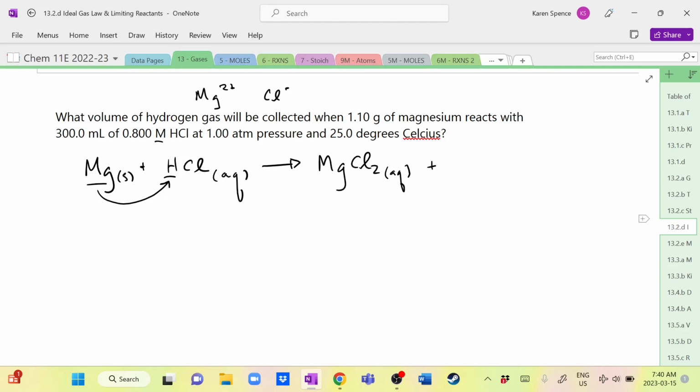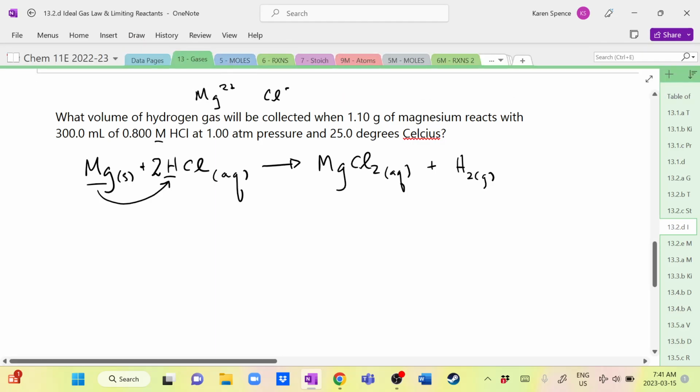And we also end up with H being displaced, so that's going to be H2, which is, of course, a gas. All right, balance this. We need a 2 in front of the HCl, and that takes care of it. Now, we need what volume of H2? We have two quantities here.